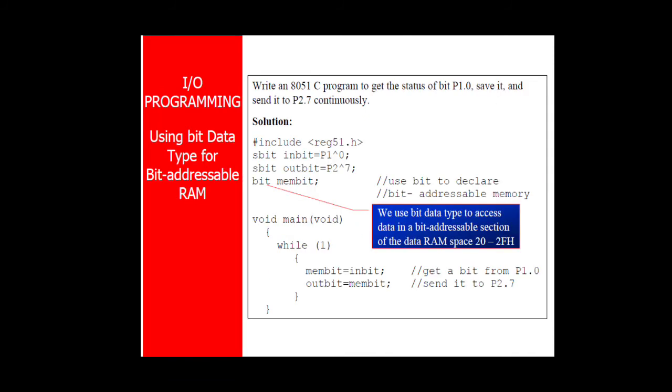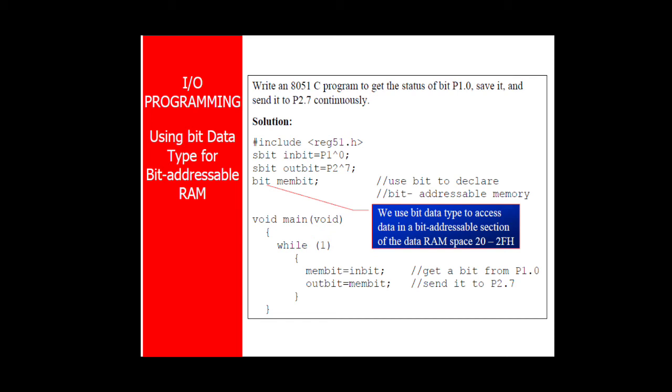Next is using the bit data type for bit addressable RAM. So we have seen how to use the SBIT data type. Now let us see how to use the bit data type. Write an 8051 C program to get the status of bit P1.0, save it and send it to P2.7 continuously.